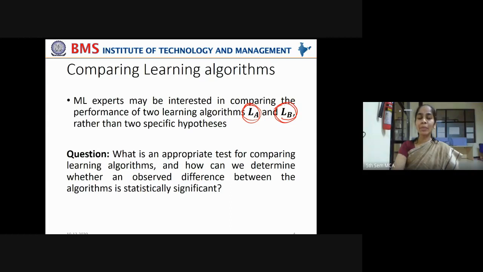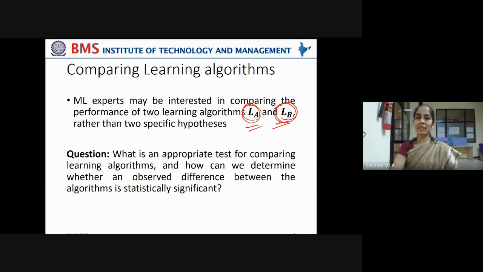Rather than comparing two hypotheses, here we are trying to compare two algorithms. In previous cases, we compared H1, H2 as two hypotheses, and we understood how well those hypotheses are performing given the training examples. But in this case, we are not taking the hypothesis.